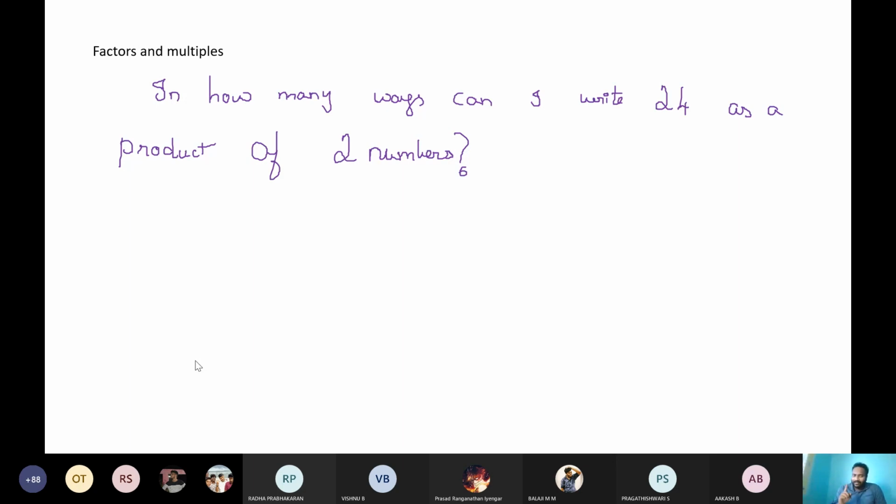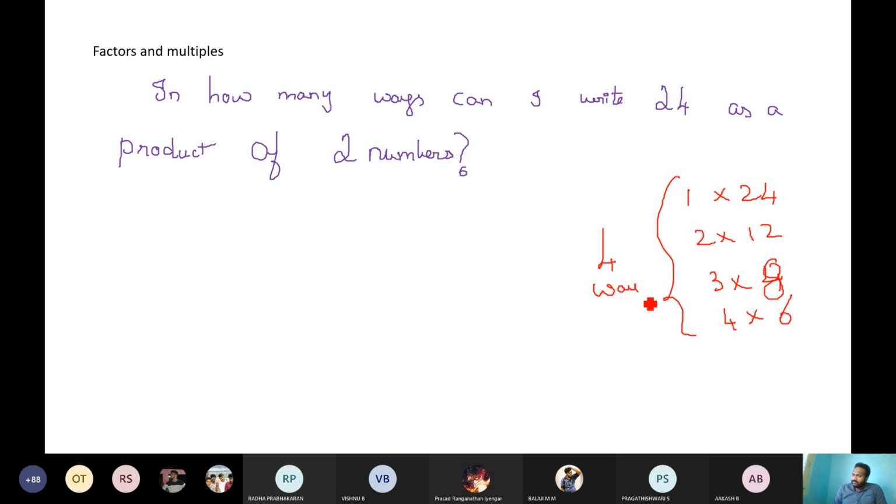It's again the same. So 1 into 24, 2 into 12, 3 into 8, 4 into 6. So there are 4 ways in which I can write that.